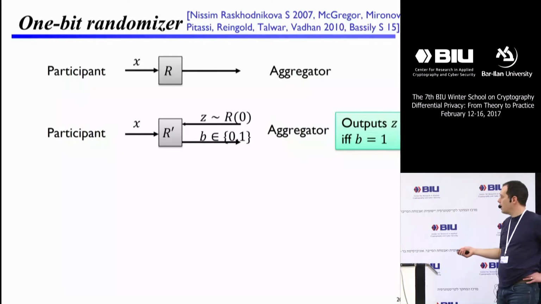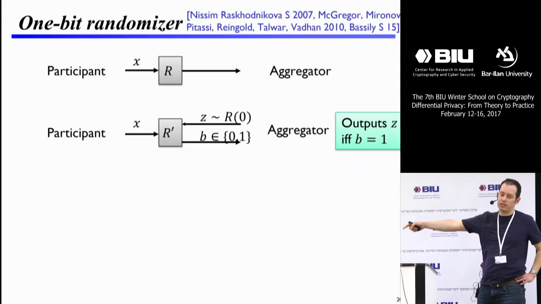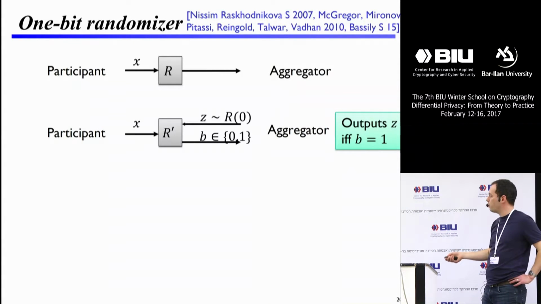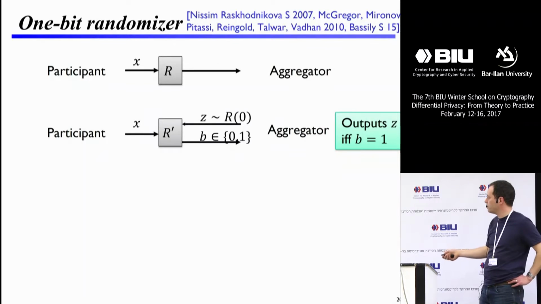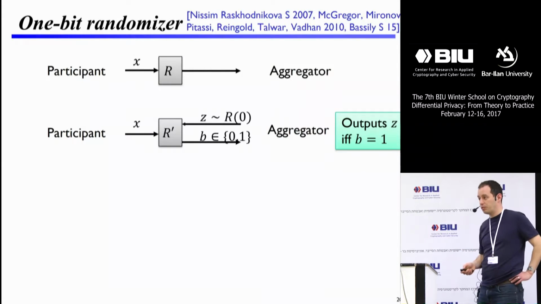So the aggregator samples some value, gets a string, let's call it z, and the aggregator is going to send the participant z, and the participant is just going to respond with a bit that's selected randomly, according to a specific distribution using the randomizer, basically telling the aggregator whether or not to use this value z or to ignore this participant.